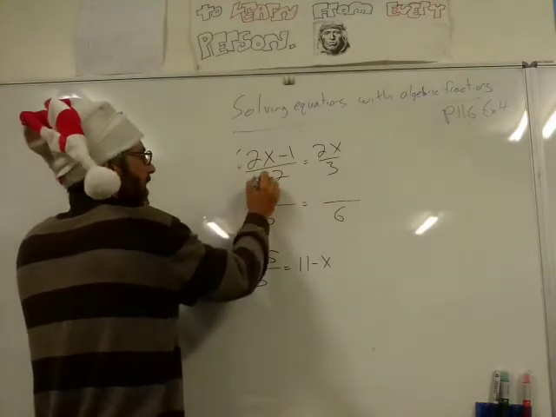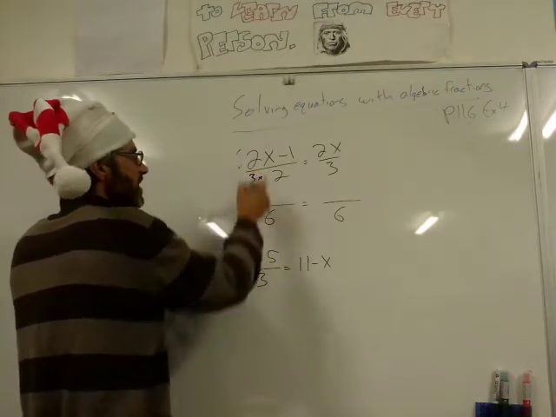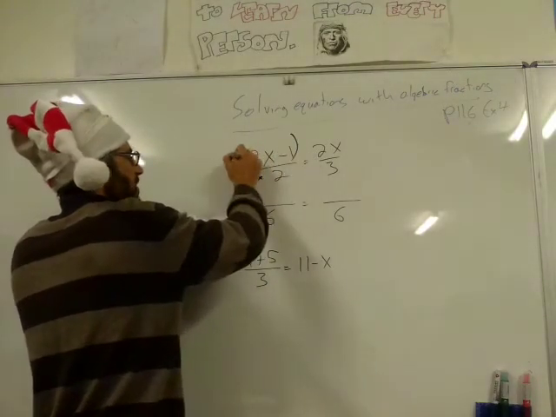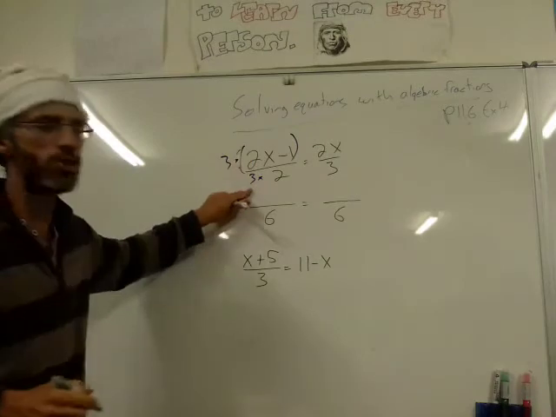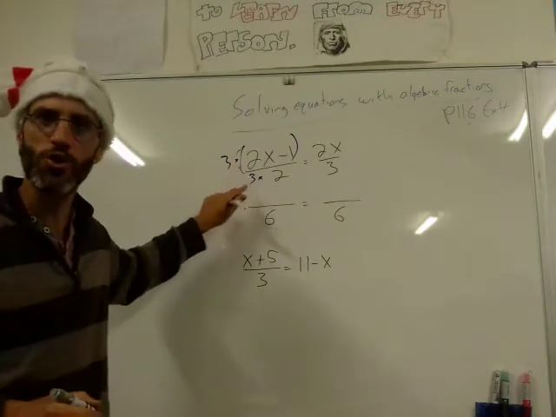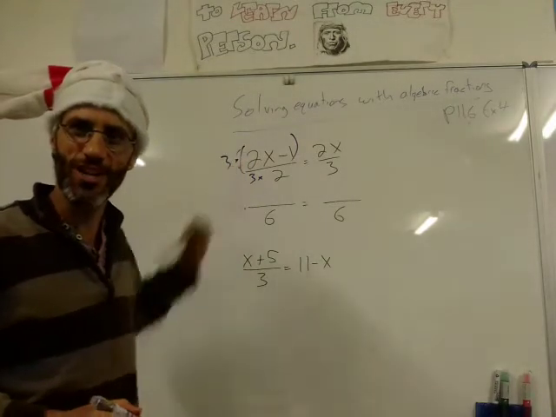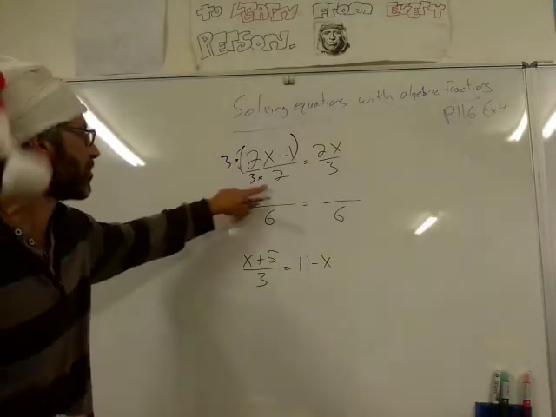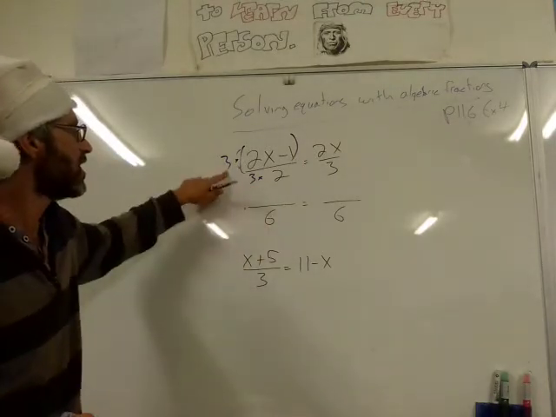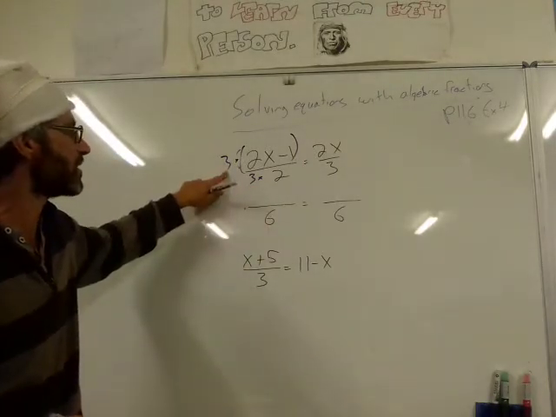Whatever I do to the bottom, I must do to the top, just like we did when we simplified. If I multiply that by 3 to get 6, I must multiply that by 3 as well.